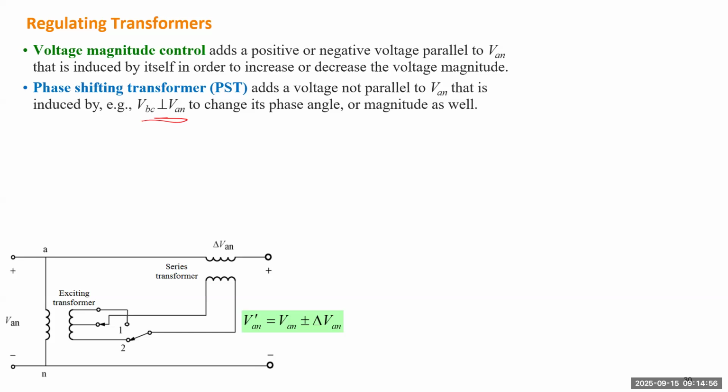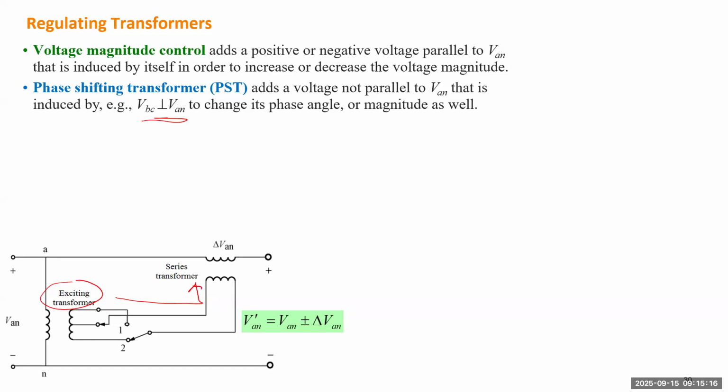So a regulating transformer has two components, basically two transformers. The first is called the exciting transformer, that just takes voltage from the original phase. Then it will give that voltage into this series transformer.